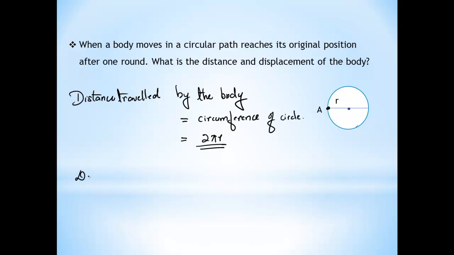And the displacement in this case: the initial position and final position are the same, so the displacement is equal to 0. The displacement is 0 and the distance traveled by the body is 2 pi r.